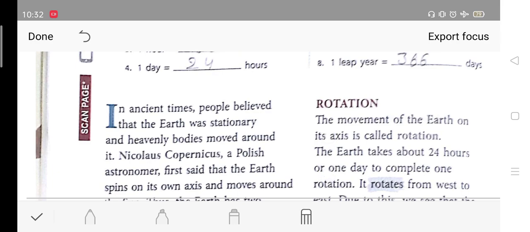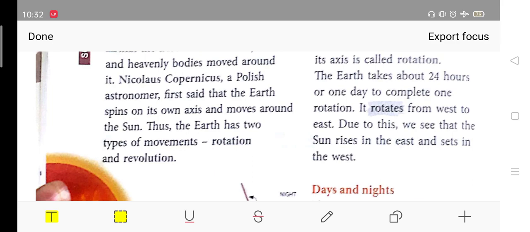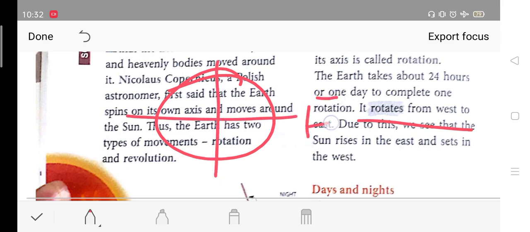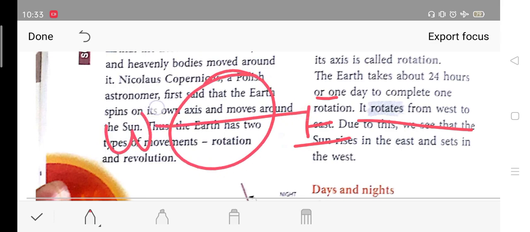It rotates from west to east. You know the directions: if this is the earth, this is east and this is west. So it rotates from west to east, that means it is turning this way, and not the other way.